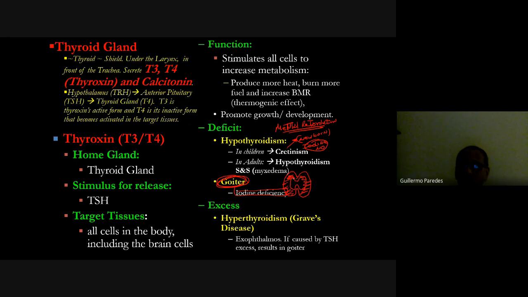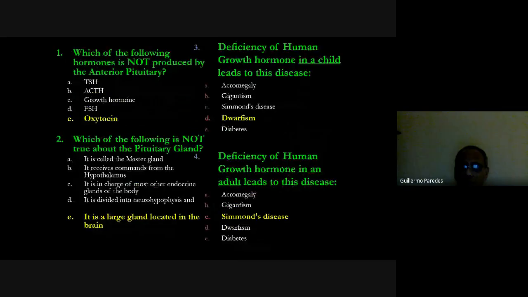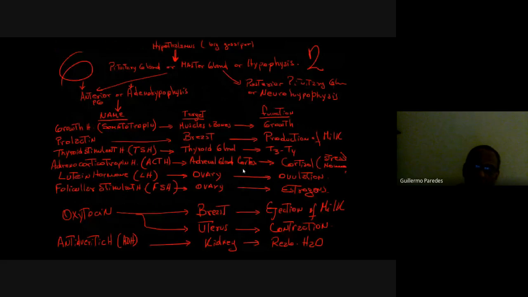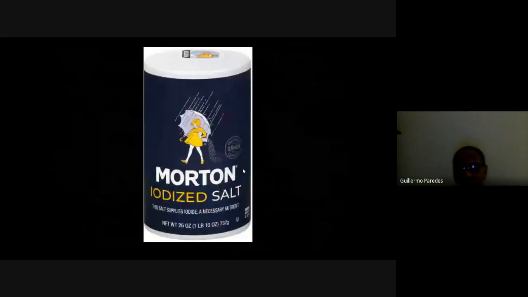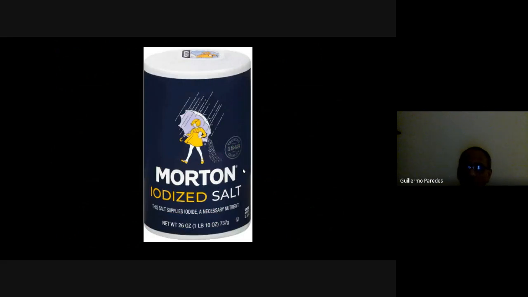In the United States, in the 40s and 50s, there were a lot of people with big goiters walking on the street with big necks. What they did after that was put iodine in the salt. Salt is what we use every single day.